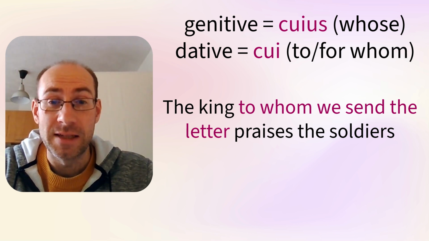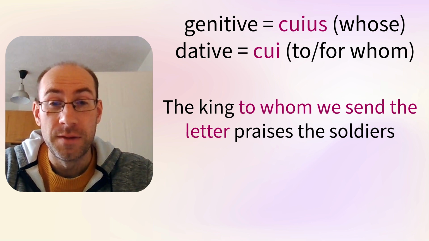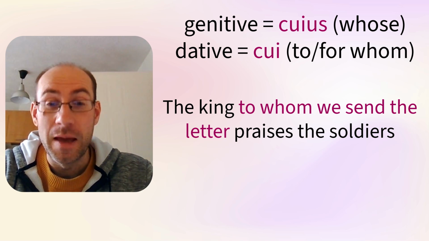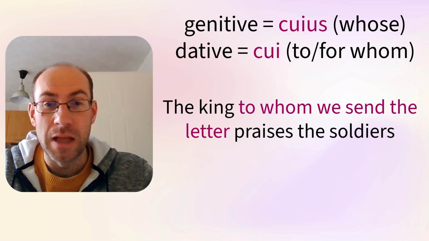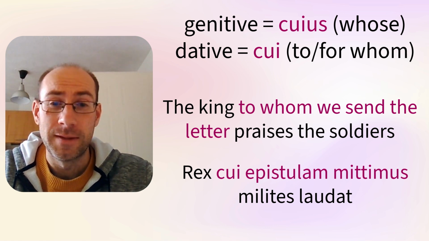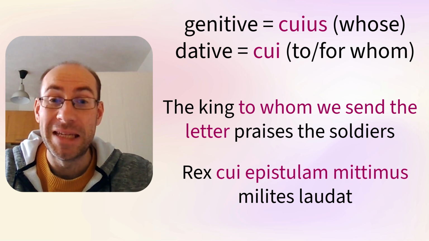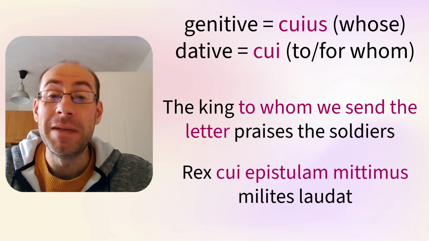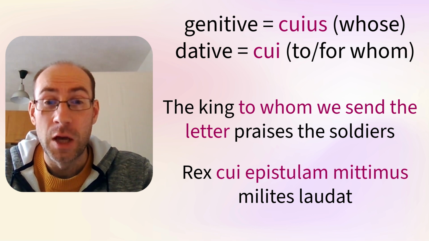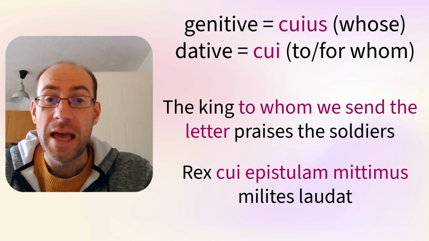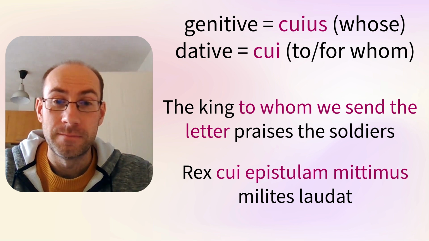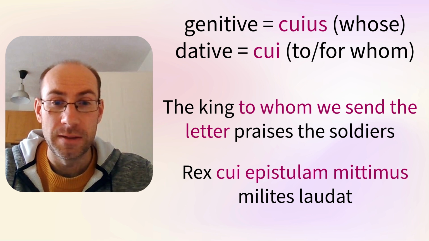Rex milites laudat. The king to whom, cui, we send the letter. Mittimus epistolam, accusative. Rex cui epistolam mittimus milites laudat. Rex cui, to whom, epistolam mittimus, we send the letter. Milites laudat.